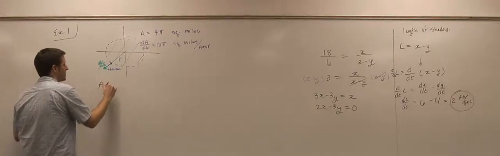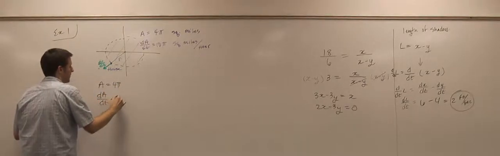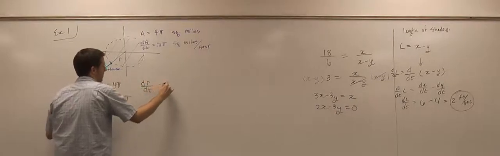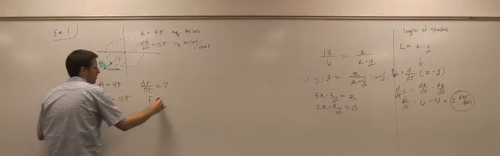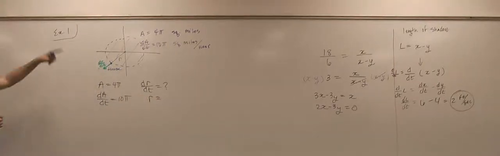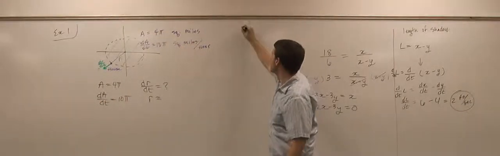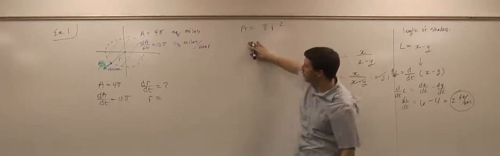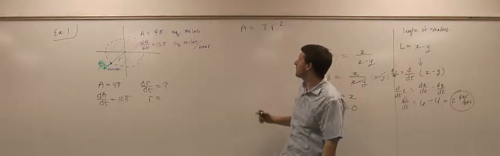So A is equal to 4 pi, dA dt is equal to 10 pi, dr dt I don't know. R I could solve for, right? But what's my equation that's relating all of this stuff? The area of a circle equals pi r squared. This is my equation that relates all of these quantities.